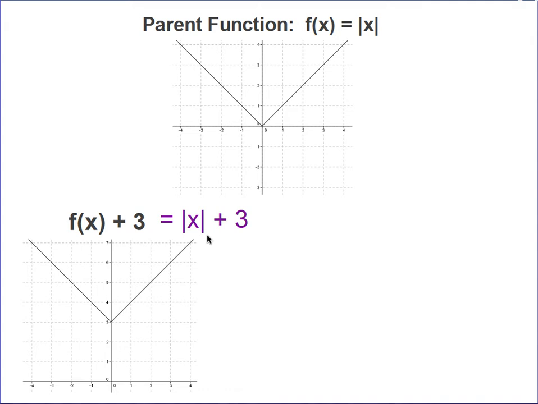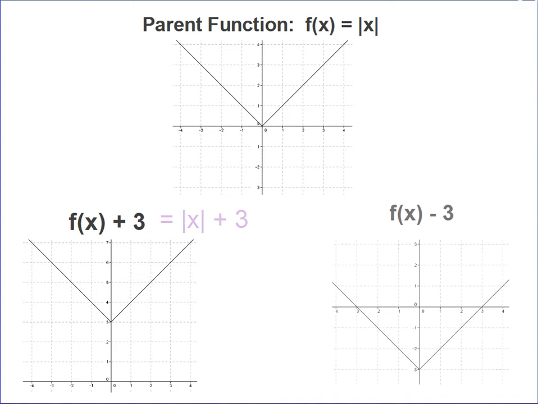Once the graph is drawn, you can compare the parent function to the new transformed function. And notice that it has exactly the same V shape, still with a slope of +1 on the right and a slope of -1 on the left. The only difference is that the entire graph has been shifted up 3 units.